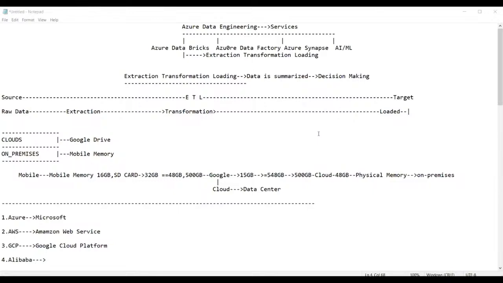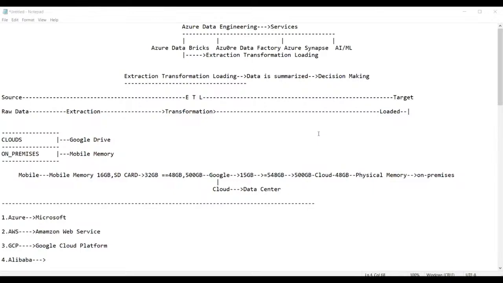Sir, ADB and ADF are both provided by Microsoft Azure, right? What is the main difference between ADB and ADF? Basically, if there is a project where you are going to use ADF and ADB both, the ADF is used only for the data ingestion process, that means insertion of the data.